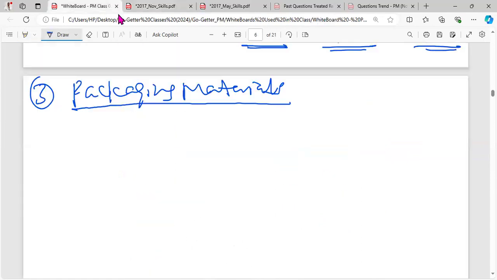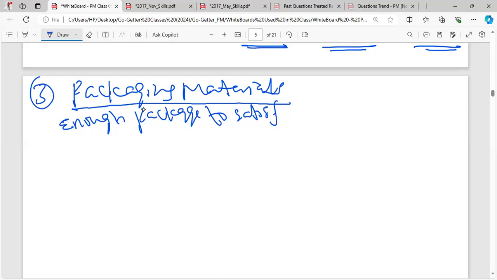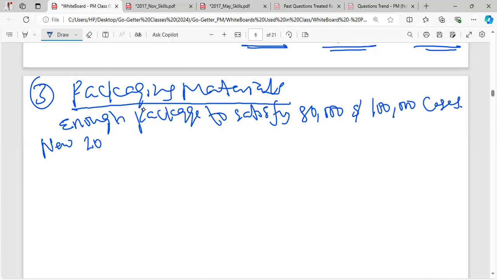Before we do that, we'll say enough package to satisfy 80,000 and 100,000 cases. New 20,000 cases.